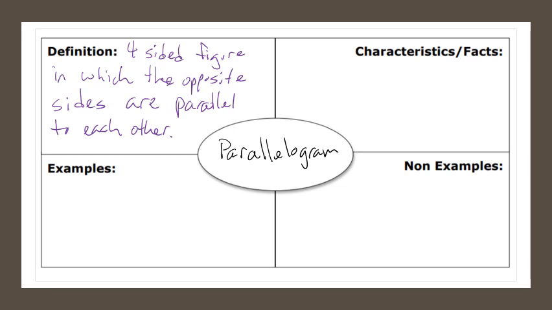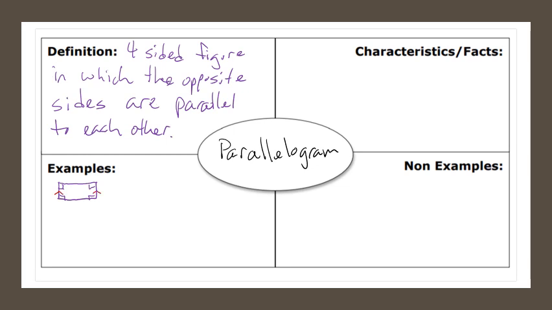Examples of a parallelogram. One specific example is a rectangle, where we have four right angles and the opposite sides are parallel to each other, and they also are equal to each other. To denote parallel sides in geometry, we draw little arrows.